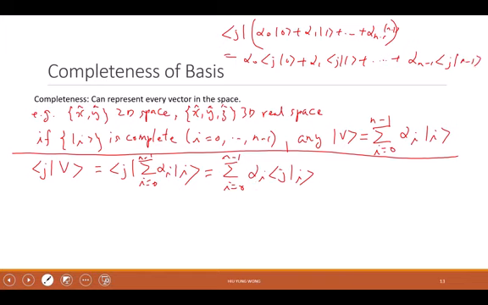What is <j|I>? What is the inner product between j and I? What are they? They are the basis vectors. So what's the property of the basis vectors again?